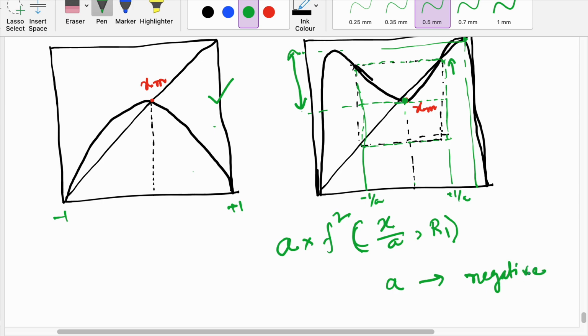If I take this a negative, what happens? This point will flip, because if suppose this is 0, previously it was negative, now it will become positive, and now this point will come here. So if I take a as a negative number, then all the problem will be solved.